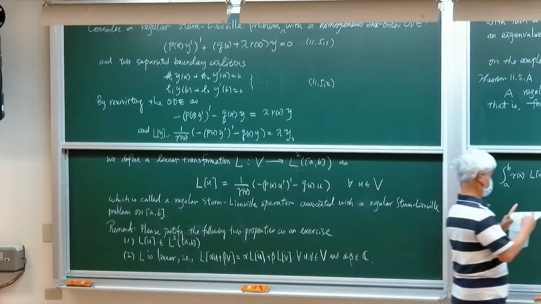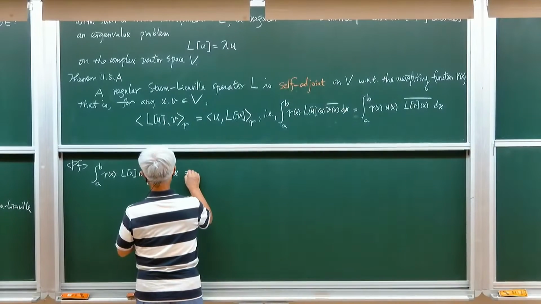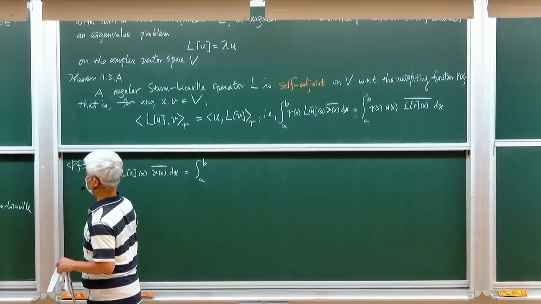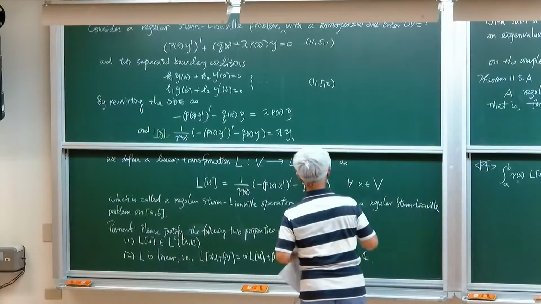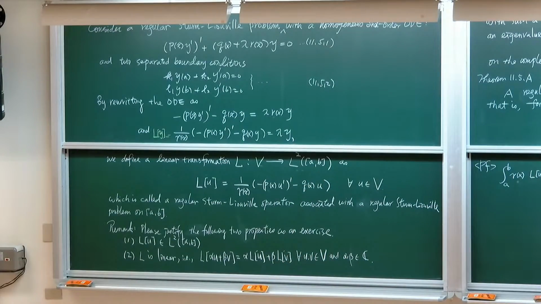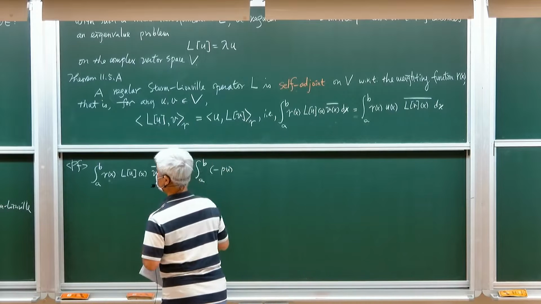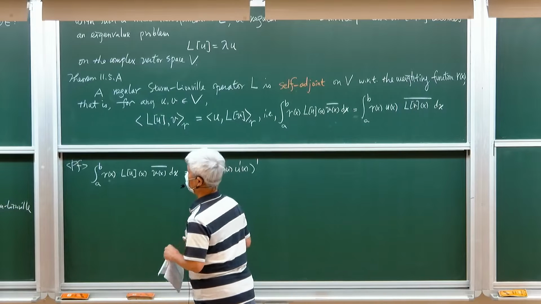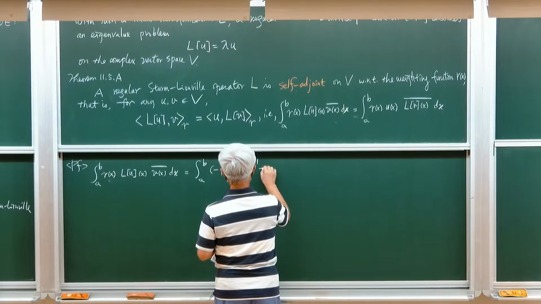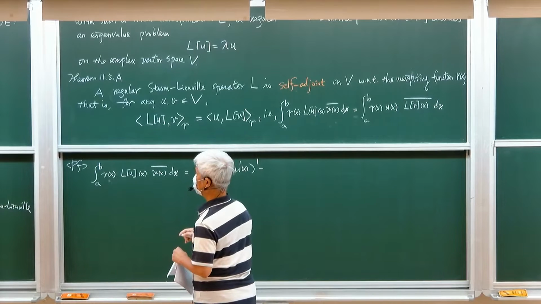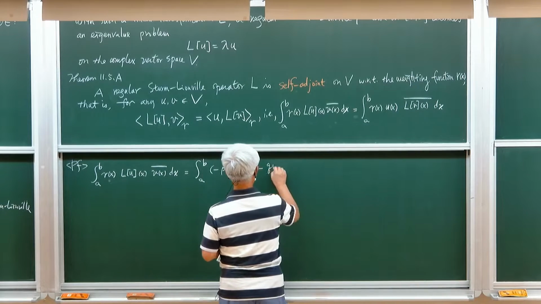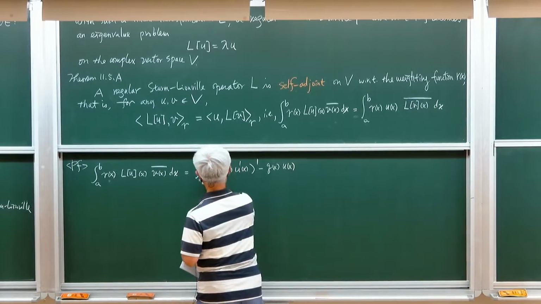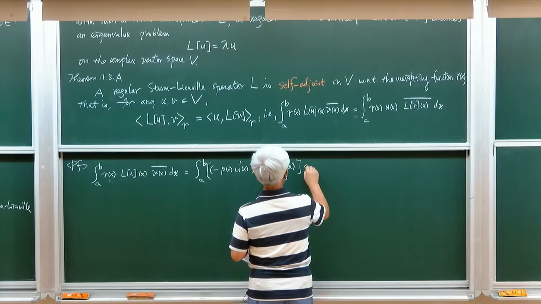So right after multiplying R of x, we have minus P of x, u prime of x, prime, minus q of x and u of x, and v of x bar.